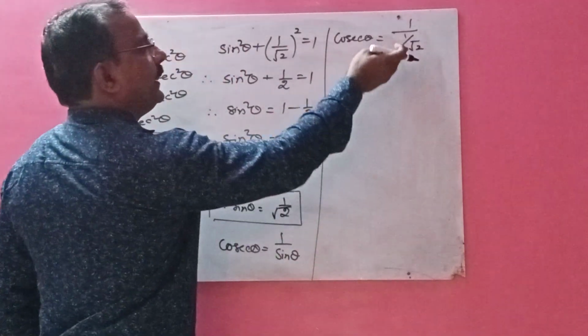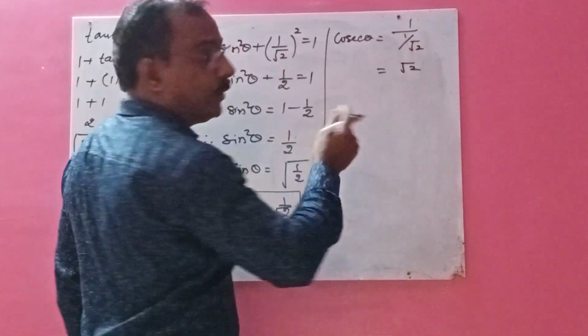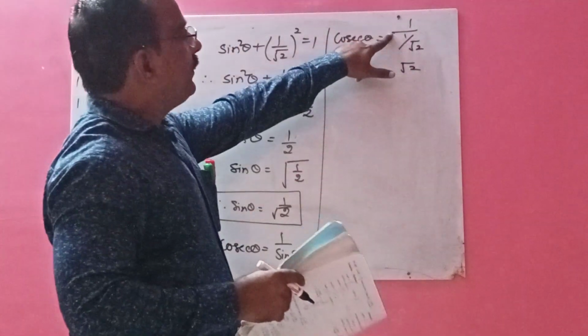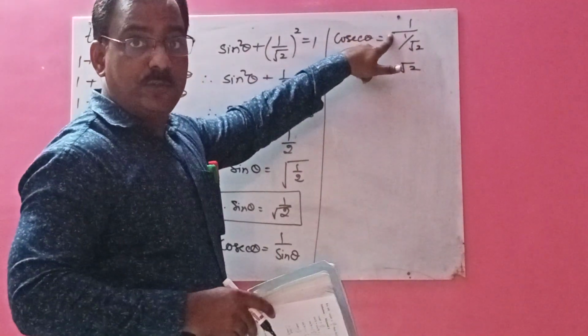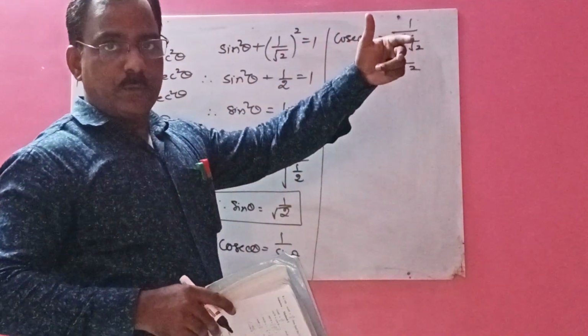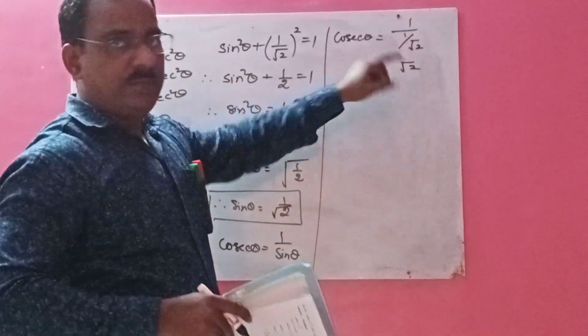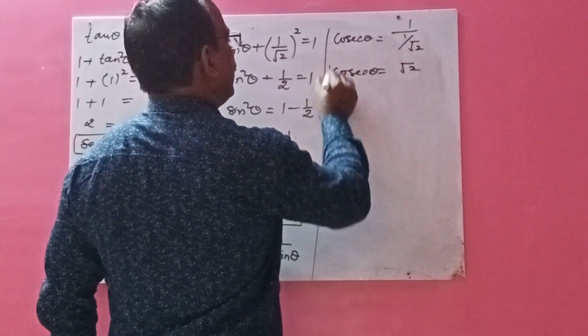And you know what will happen here? Root 2 will go up and it will multiply with 1. So root 2 upon 1 you will get. This is a divide, children. When you convert this divide into multiplication, you take the reciprocal, and you will get root 2 upon 1, which is root 2. So this is your cosec theta.